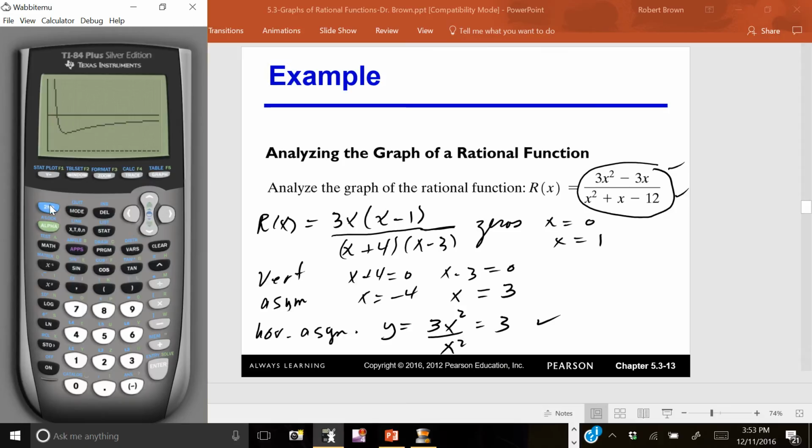We can verify that by hitting second calc, putting in the value of x equals 6 and looking at the value of y, and it's equal to 3. Sure enough, there is the intersection, and it goes on and dips below the horizontal asymptote, and then gradually, as x gets larger, approaches the horizontal asymptote of y equals 3.